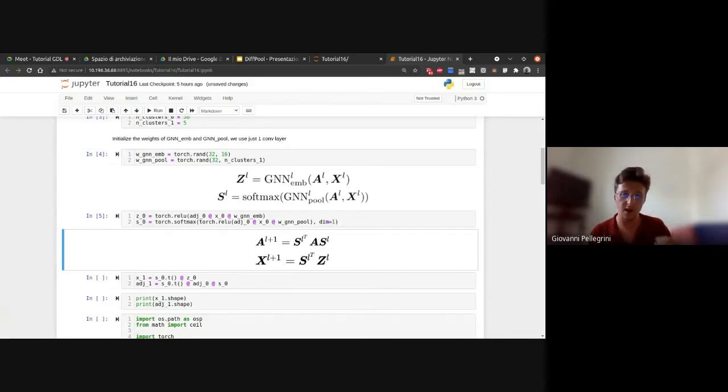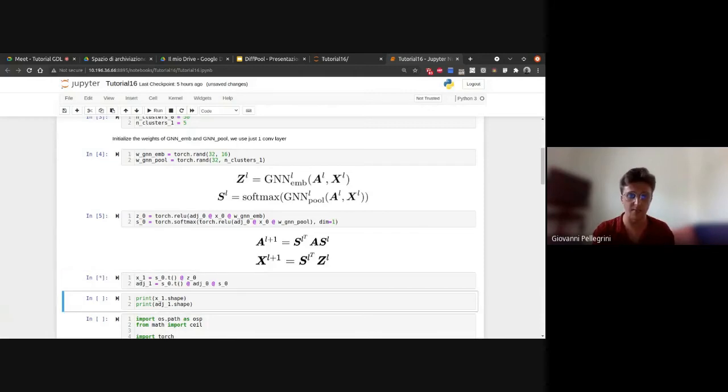Then we need a new version of the adjacency matrix and the node feature matrix for the next level, and we can get it by multiplying by the cluster assignment matrix.